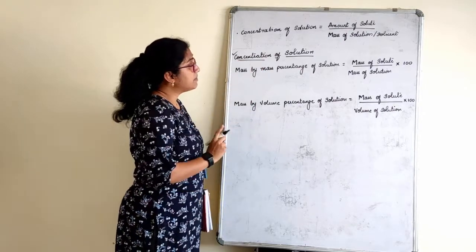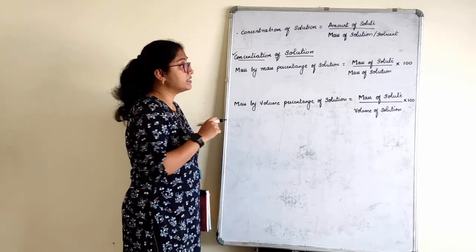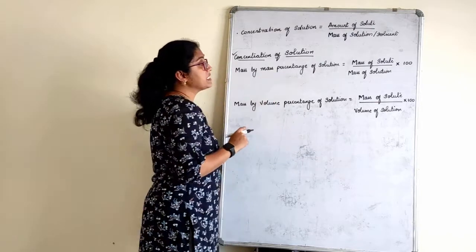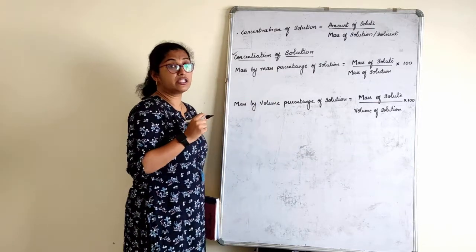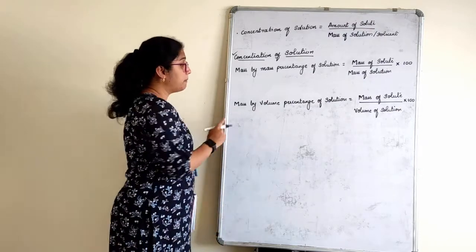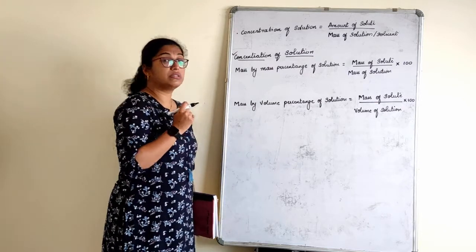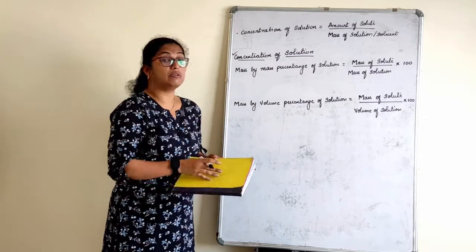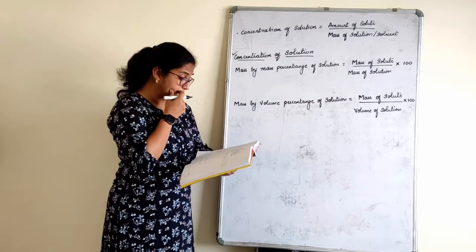One is mass by mass percentage, another is mass by volume percentage. So mass by mass percentage of a solution is given by mass of the solute divided by mass of the solution into 100, because it is a percentage. Mass by volume percentage of a solution is given by mass of the solute divided by volume of the solution into 100. Only two numericals are there, children, here.